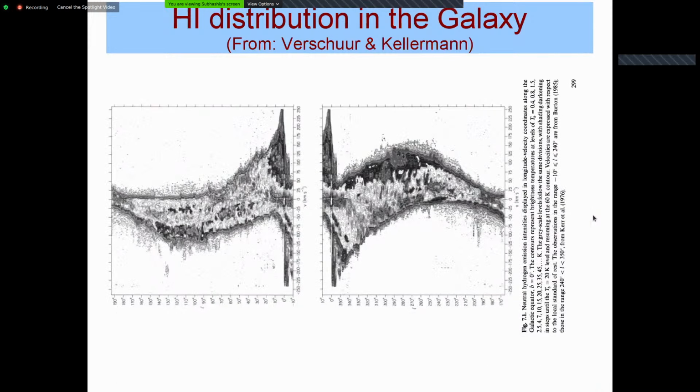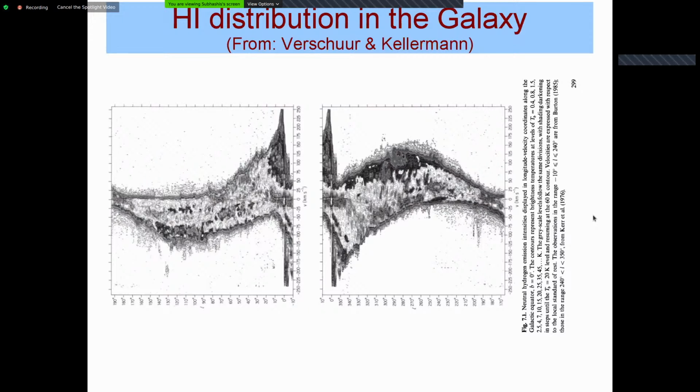This is one of the pictures which I have taken from Harshav and Kellerman, and this particular slide I will keep on Google after my talk, so that you can share it and check it, because right now one has to rotate it. This is the LV diagram, the longitude-velocity diagram, which is rotated right now.